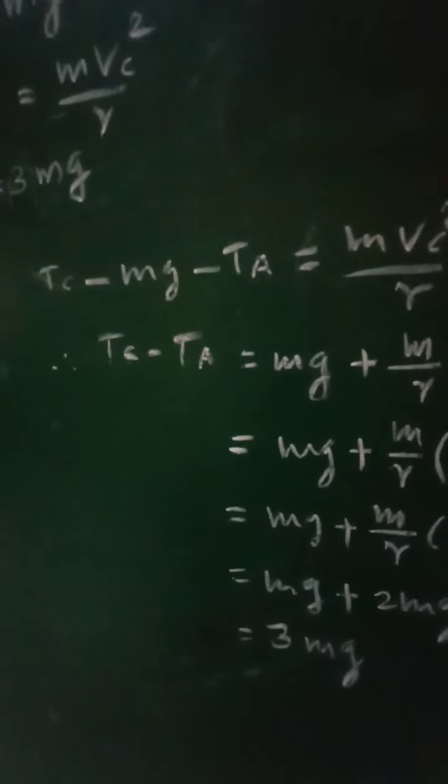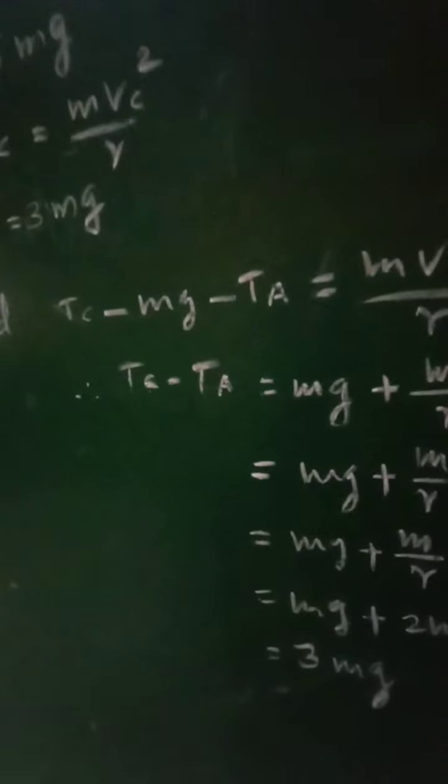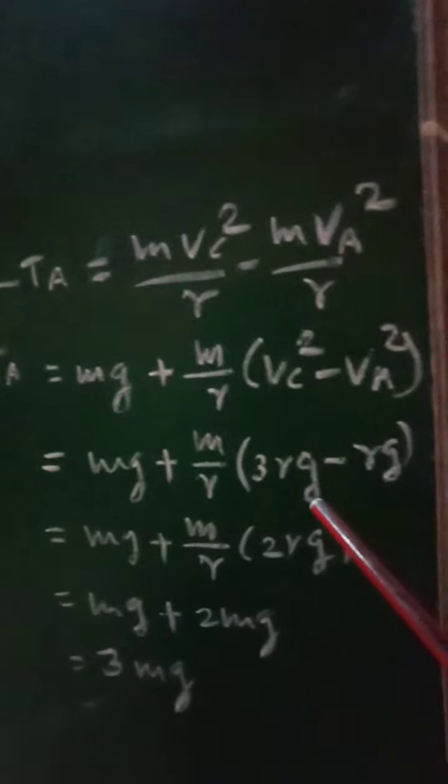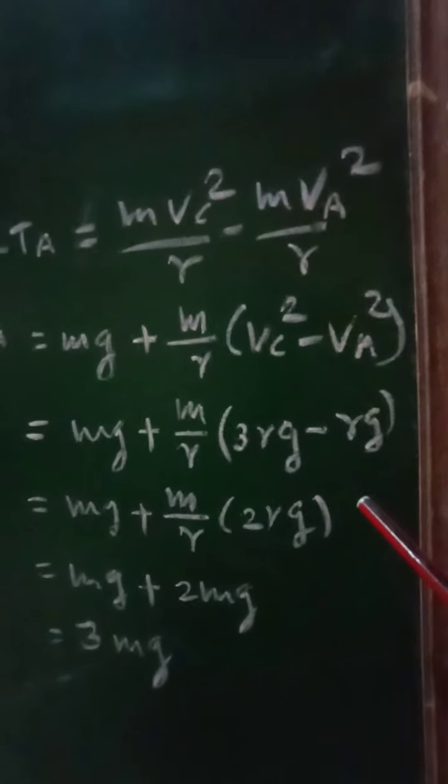It can be simplified like this: TC minus mg minus TA equals m Vc square upon r minus m Va square upon r.